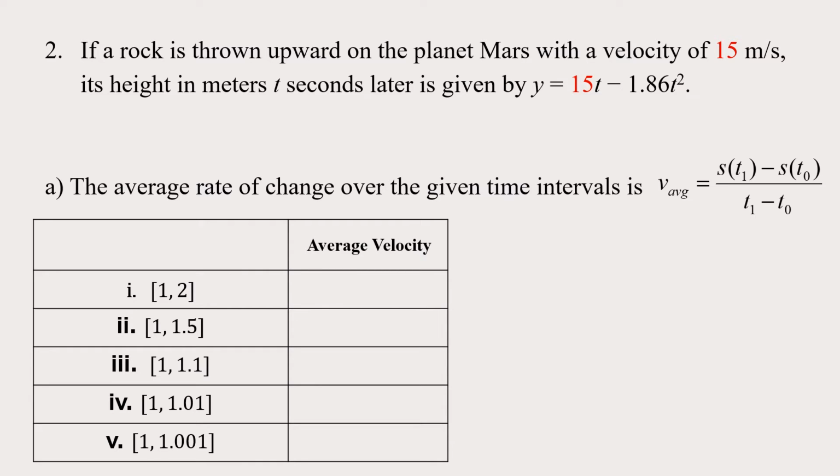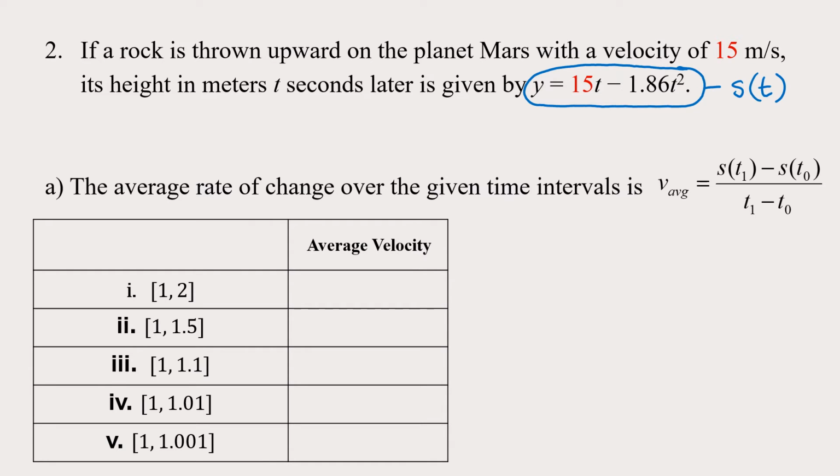If a rock is thrown upward on the planet Mars with a velocity of 15 meters per second, its height in meters t seconds later is given by the equation y is equal to 15t minus 1.86t squared. So this equation is our position function, s of t.